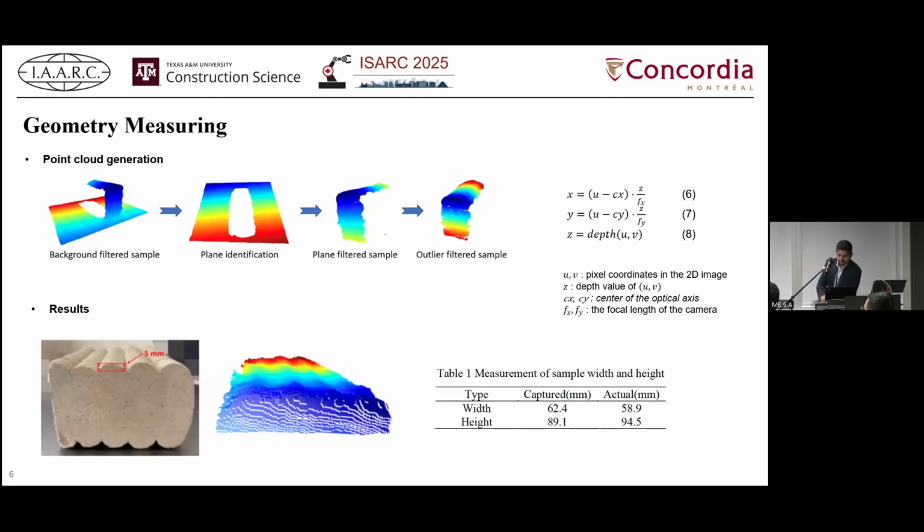From the RGB and the depth data coming from the depth camera, we were able to create a point cloud and measure dimensions. We're at the pretty early stages of the project, so it's a work in progress, but we were able to get dimension measurements with around 5 mm accuracy, which is okay, but not great. It needs further improvement.